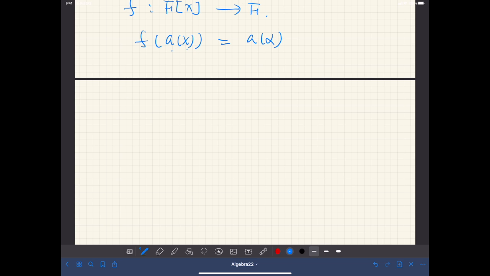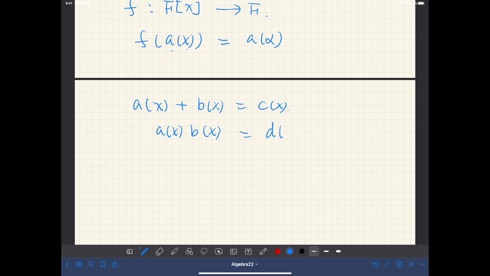As we can easily check, suppose a of x plus b of x is equal to c of x, and a of x times b of x is equal to d of x.